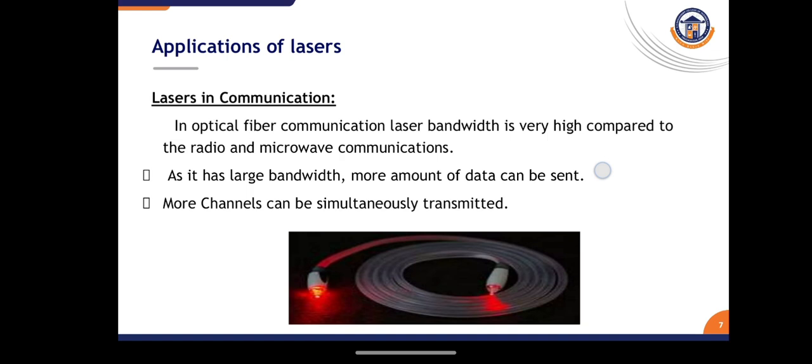So fiber optic communication is mostly preferred for the transmission of information if the information is of large bandwidth, that is, more data. If you want to transmit it, then we can make use of fiber optic communications. In this, light energy is allowed to travel over the optical fibers.